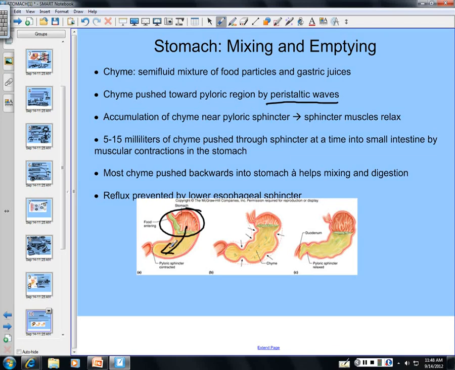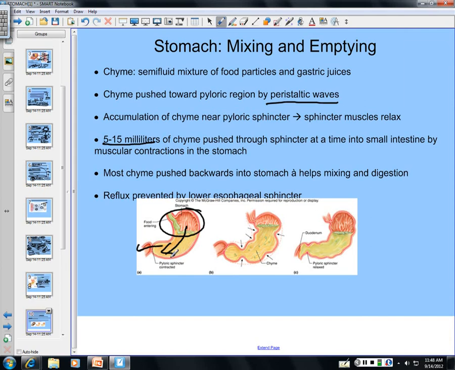Towards the pyloric sphincter. The pyloric sphincter, in turn, remember right here, slightly relaxes. And a very small amount of chyme, which is mostly liquid or small molecules only, is pushed through the sphincter into the duodenum.